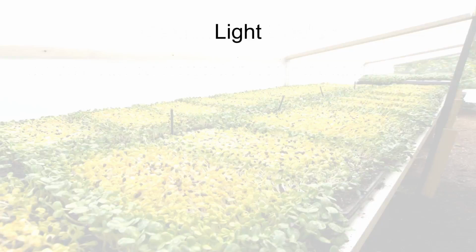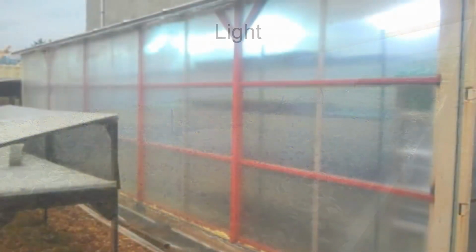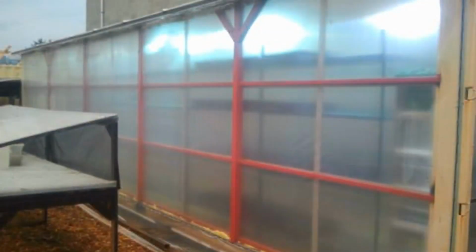So we talked about light already earlier in one of our earlier modules. We're going to revisit it again here because this is the part of the process at which we introduce light to the crop. Now, for us, the type of light is very important.